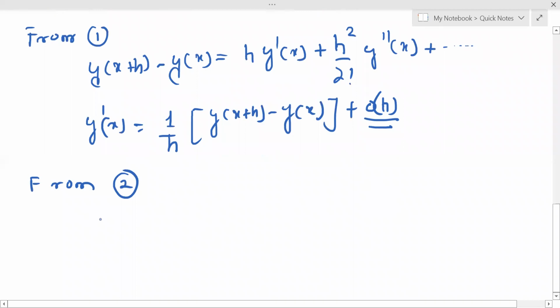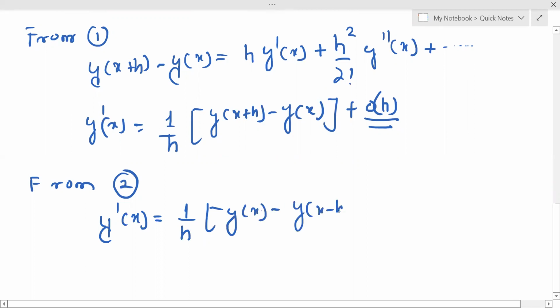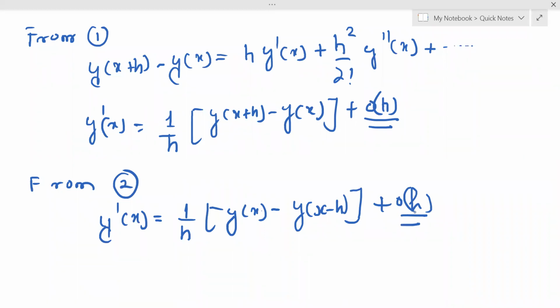So from 2 also another derivative of y you can find here, and that value becomes 1 by h times y(x) minus y(x-h), plus order of h. The remaining part is there, which is the backward difference approximation of y'(x), and order of h is the error part.